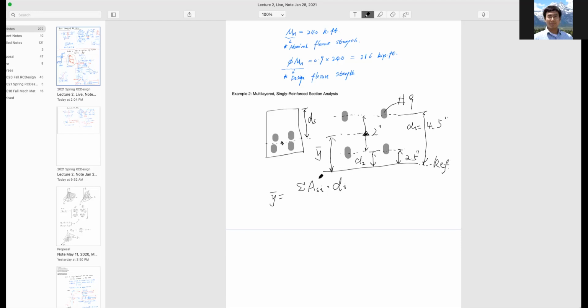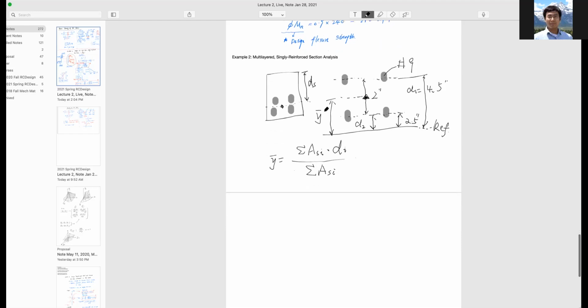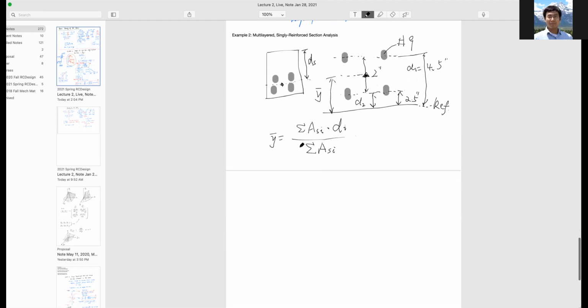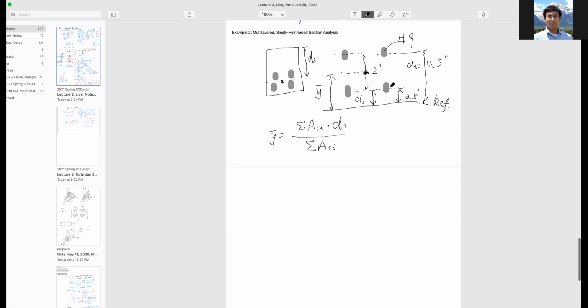The summation of this divided by the summation of all the area of steel, ASi, gets you the distance y bar of the group of bars. So let's calculate it out. This is a simple calculation, so bear with me.